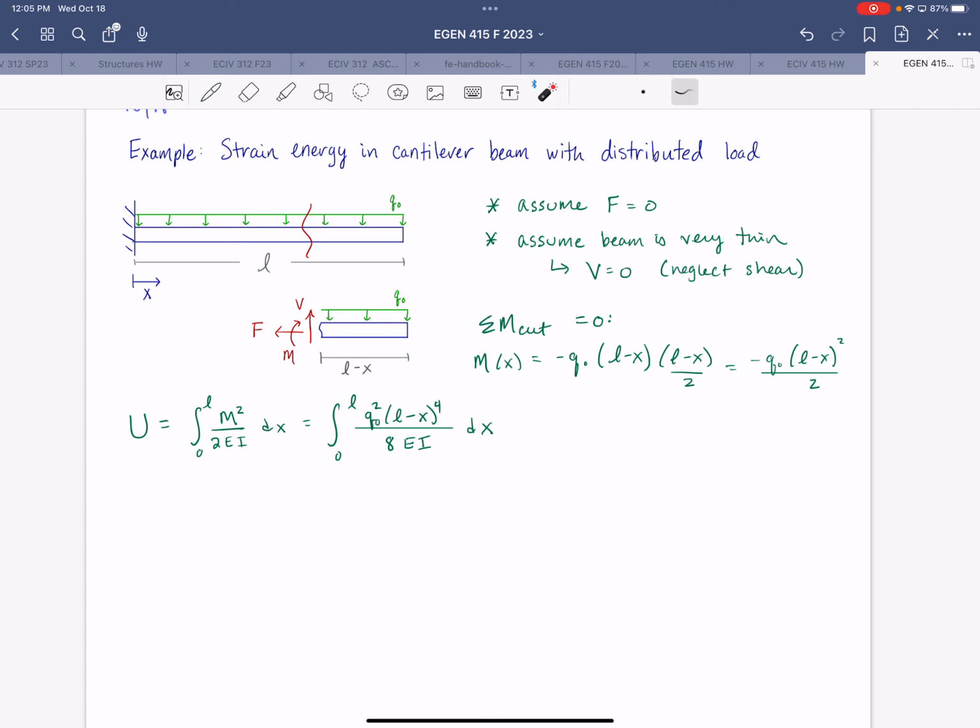So the 8 is coming from the 2 in the denominator here, and this term squared in the denominator as well.